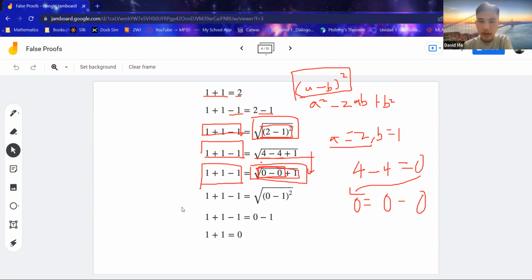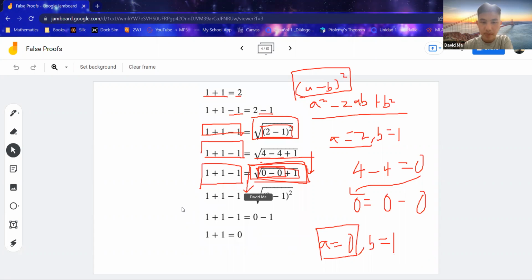If we let a equal 0 and b equal 1, the result equals a squared minus 2ab plus b squared. a squared will be 0 times 0, which is 0. 2ab will be 2 times 1 times 0, which still gives us 0. And then b squared will be 1. So this is a little trick we did here.